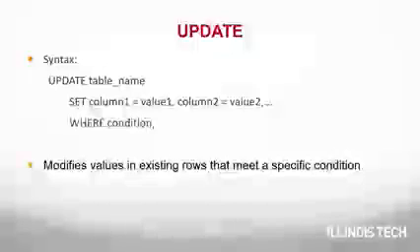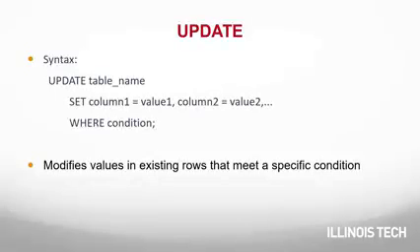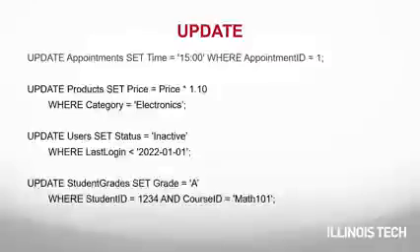The values obviously have to match the appropriate data types for those columns. So set column 1 equal value 1, column 2 equal value 2, as many as we would like. It will set those columns to those values in the rows that match the condition in the where clause. Where condition. So it will modify the values in those existing rows that match the condition to the values as specified. And those values could be computed from the values already in the data item.